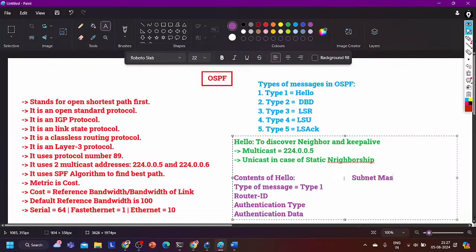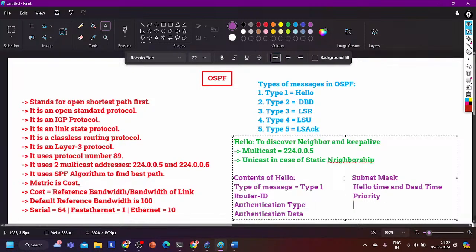Then hello time and dead time. See, the OSPF hello message is going to carry multiple pieces of information, guys. Priority will be there. We will see the concept of all these points one by one. Don't worry. Priority information.